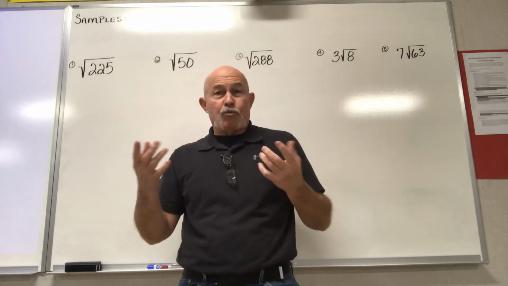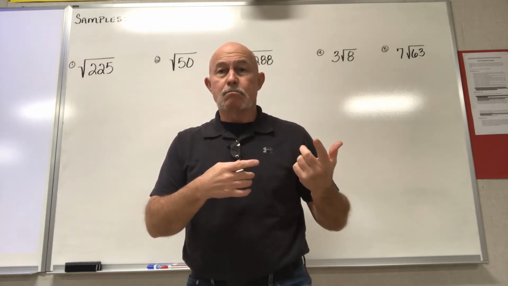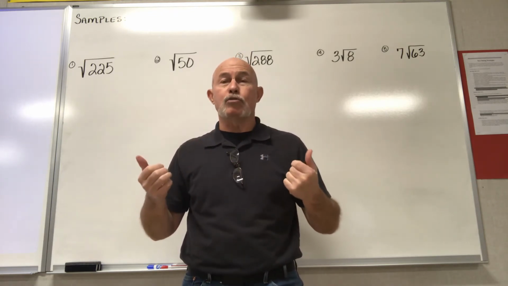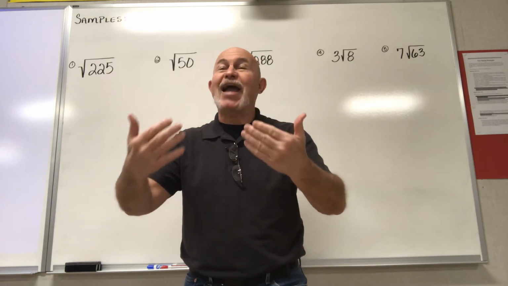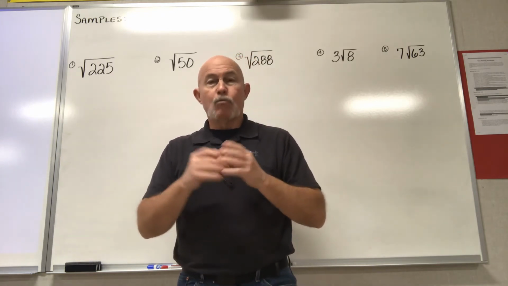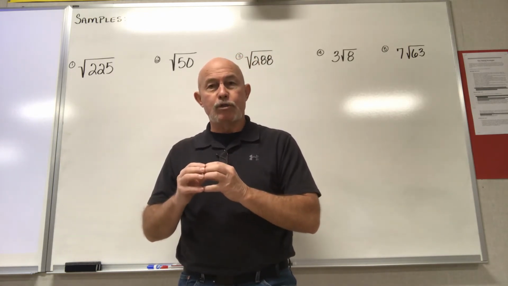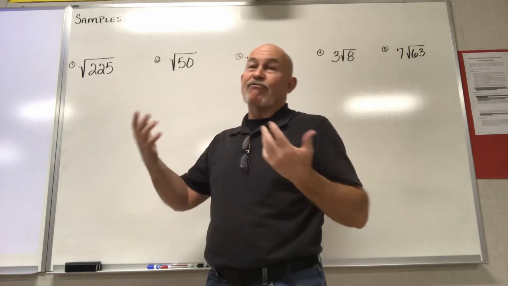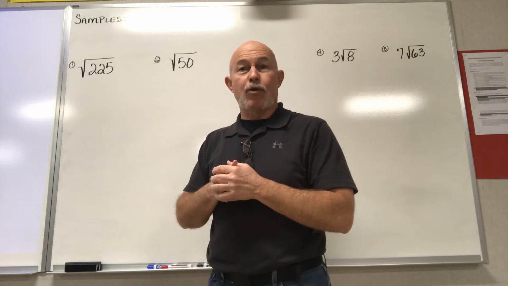But 16 can also break into 2 times 8. Okay? 2 and 8 are not the same number, so those are not square roots of 16. They are factors of 16. When we're looking for the square root, we are always trying to find the largest number factor that will go in as we break it down.